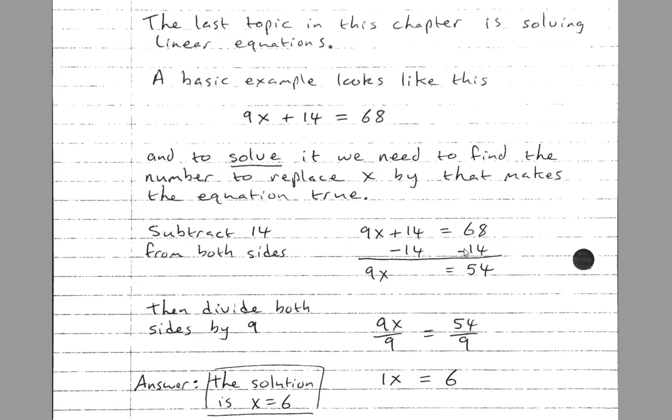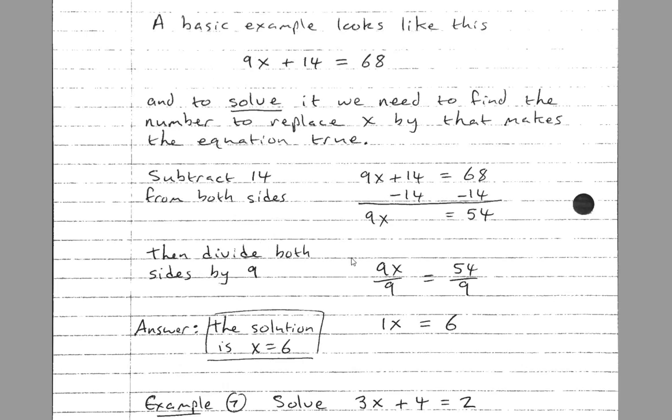As long as we're doing the same thing on both sides, it's going to stay balanced, and we're not changing the solutions. Subtracting 14 gets rid of this 14 on the left, and we get the simpler equation 9x is equal to 54. The x that works for this is going to work for the original.